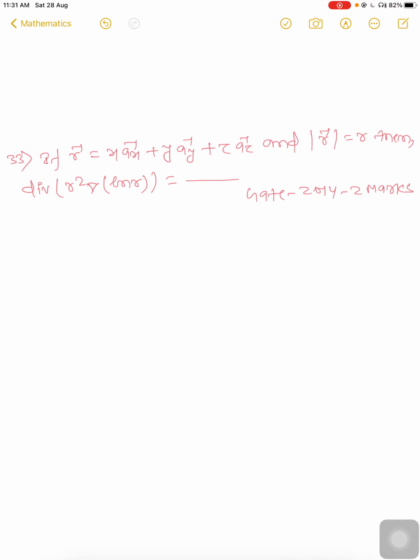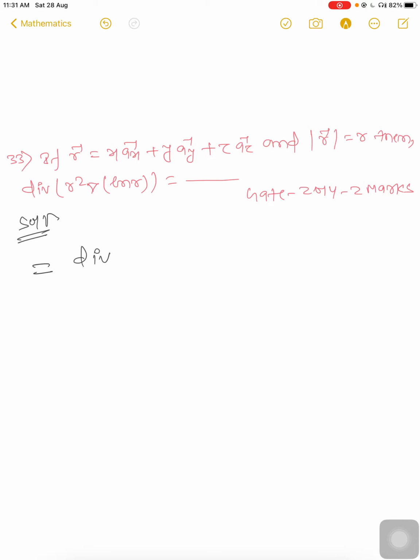Now question. If R is given as x ax plus y ay plus z az, mod R is equal to r, then find the divergence of r square del ln r.